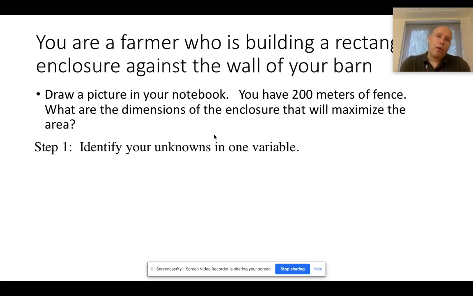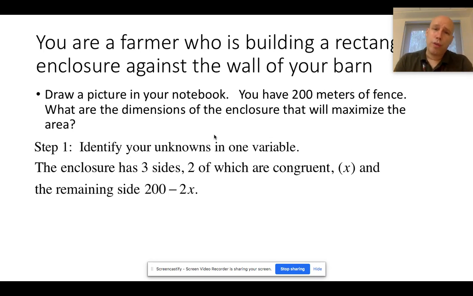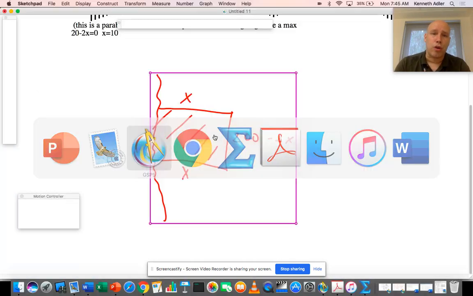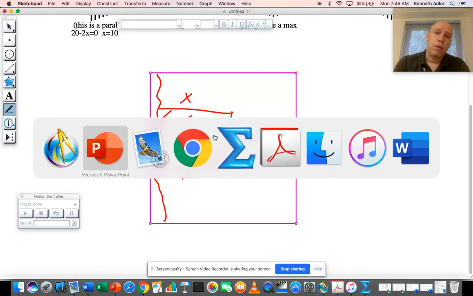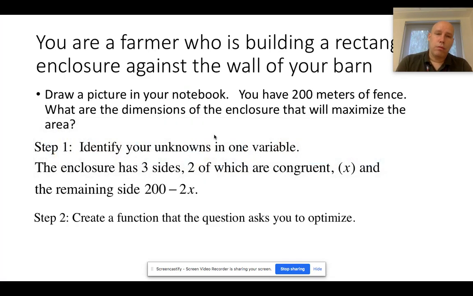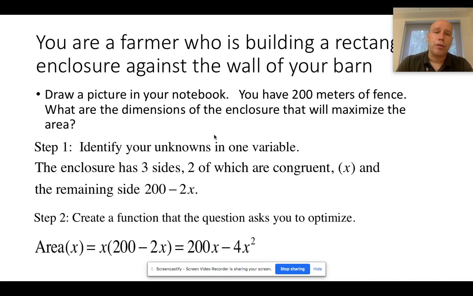So identify your unknowns in one variable. The enclosure has 3 sides, 2 of which are congruent, and the remaining side is 200 minus 2x. Step 2, create a function that the question asks you to optimize.